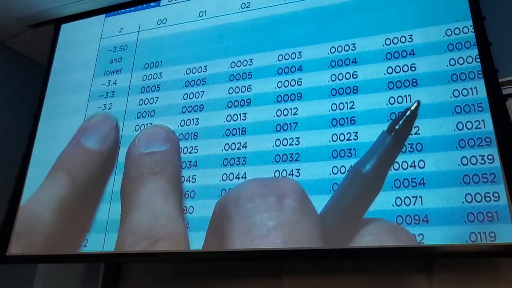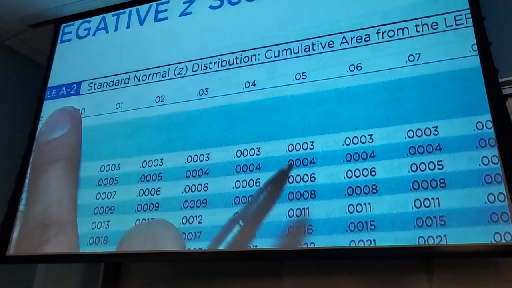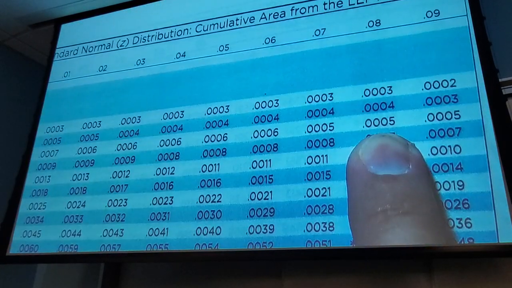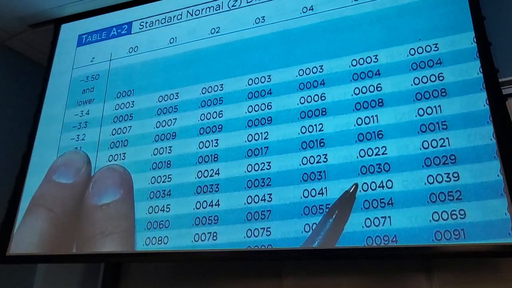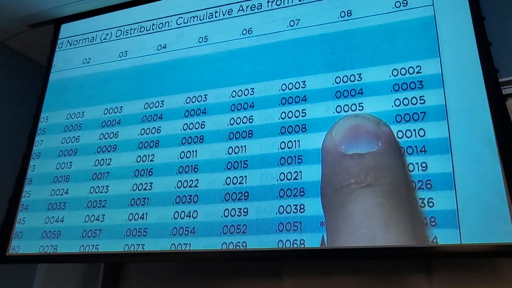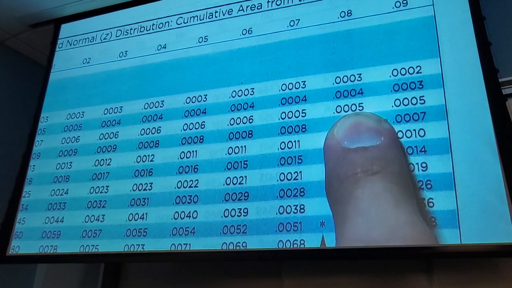Negative 3.2, negative 3.28. The second decimal place is up here. So we get 0.0005 for negative 3.28. You all see how that works? Can you say it again?